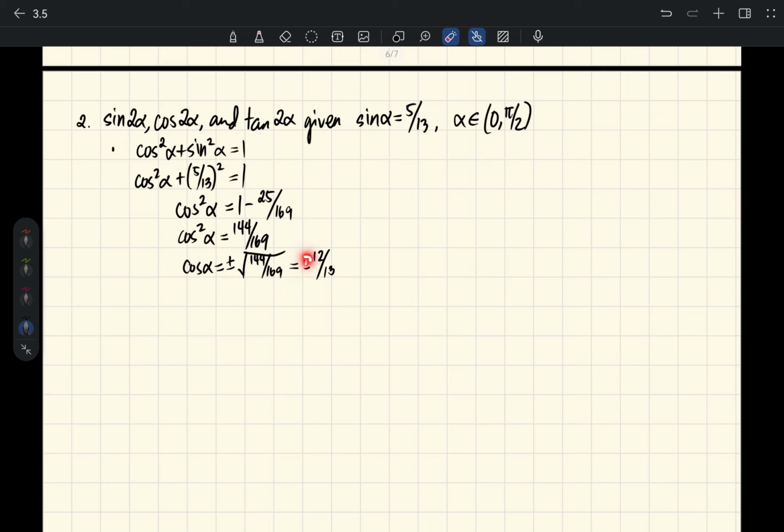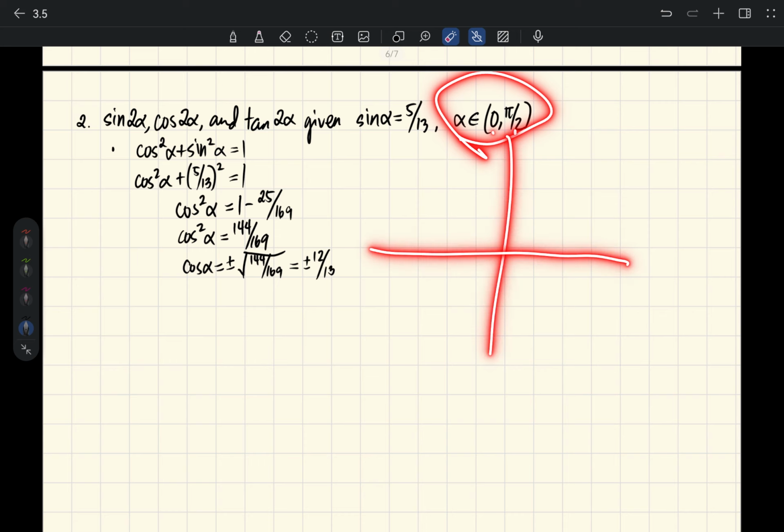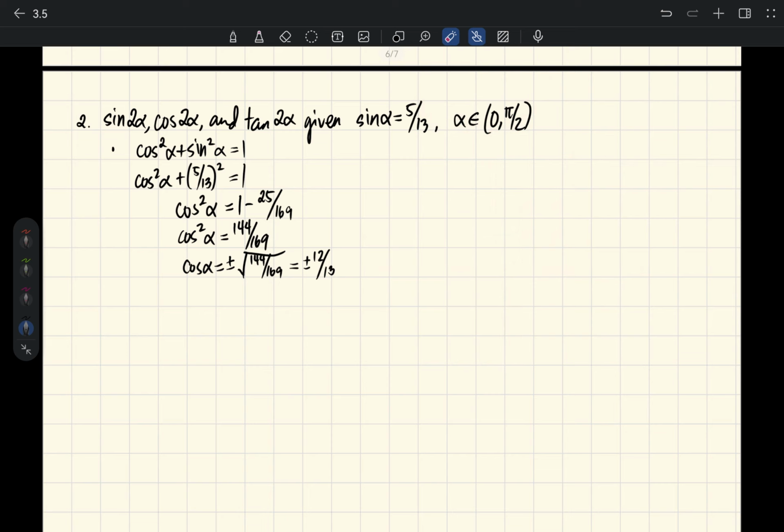The question now is what to use. Are we going to use the plus or the minus? So take note, alpha is in the interval 0 to pi over 2. So your alpha is from 0 to pi over 2. So that means we are looking at the first quadrant. And in the first quadrant, both of your sine and cosine functions are positive.